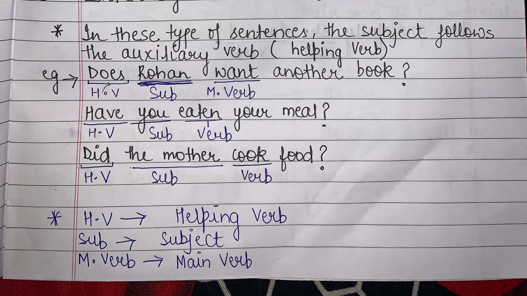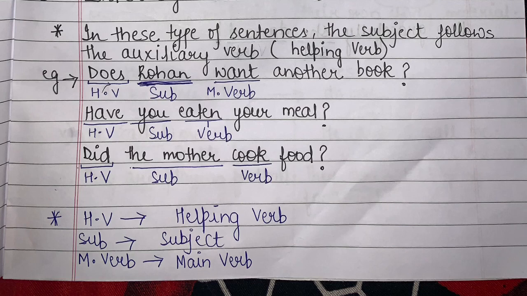So that is why my helping verb is at the first position. Have you eaten your meal? Question mark. So have is my helping verb, you is my subject, and eaten is my verb. It is my V3, the third form of my verb.